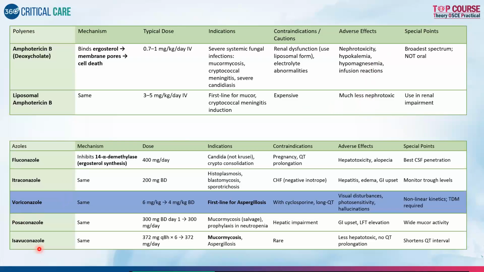Regarding these azoles, fluconazole, a very commonly used drug. Where it is not used, we have discussed in the previous slides. All right, posaconazole, it is a salvage therapy in case of mucormycosis. We have used a lot of this oral posaconazole along with amphotericin in mucormycosis during COVID times, right?